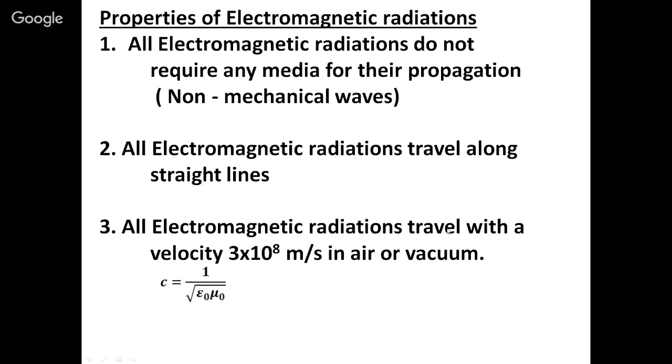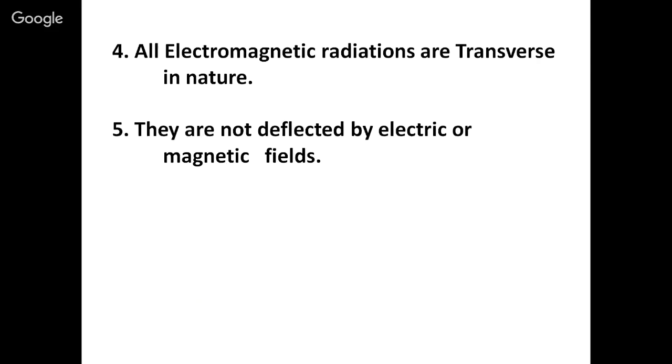And all electromagnetic radiations travel with the velocity equal to 3 into 10 to the power 8 meter per second in air or vacuum. All electromagnetic radiations are transverse in nature. At the same time, they are not deflected by electric or magnetic field, and all electromagnetic radiations can be polarized.